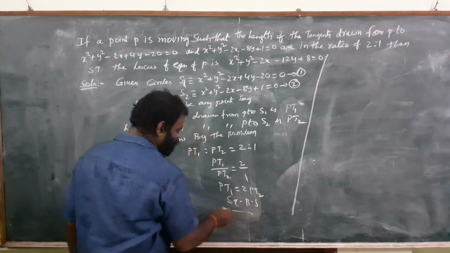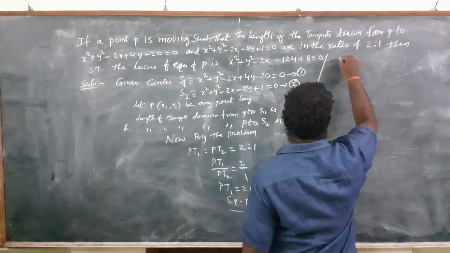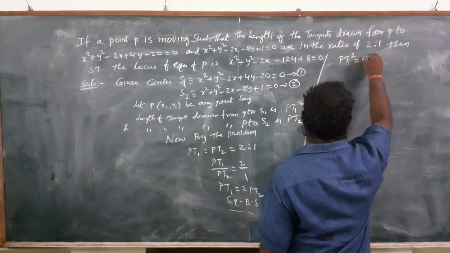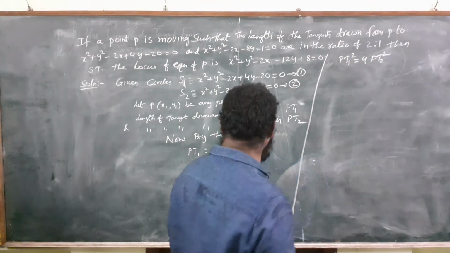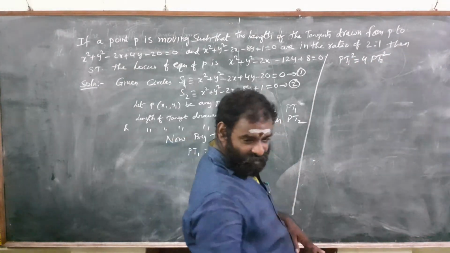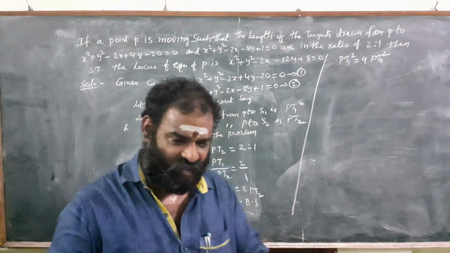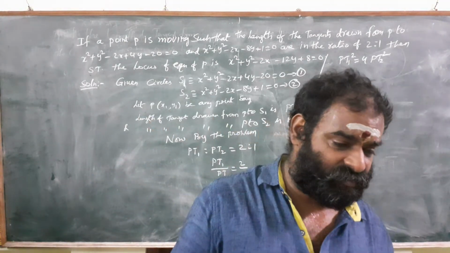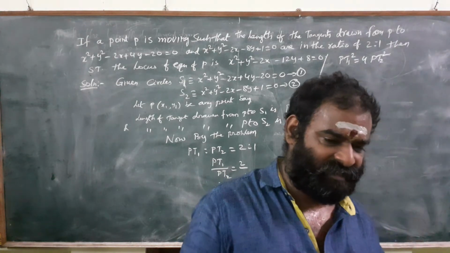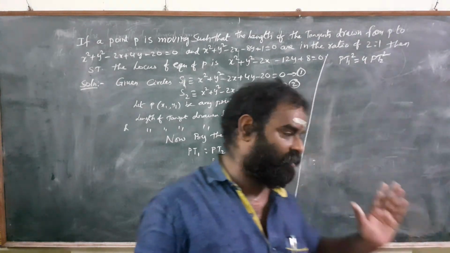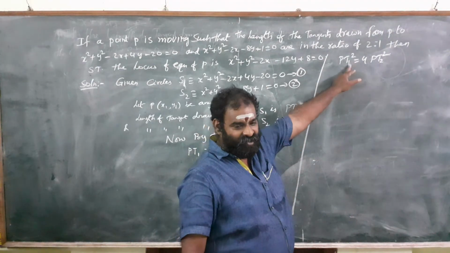Then what we get? PT1 square is equal to 4 PT2 square. Now what is PT1 square? S11. Because PT1 is root S11, the square and the root will be cancelled. That's why root S11 becomes S11 for PT1 square.